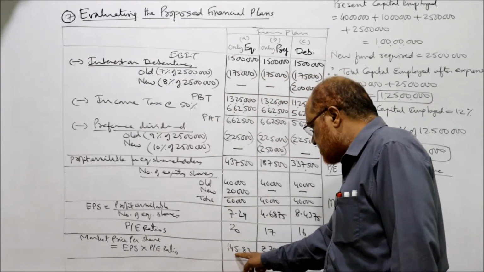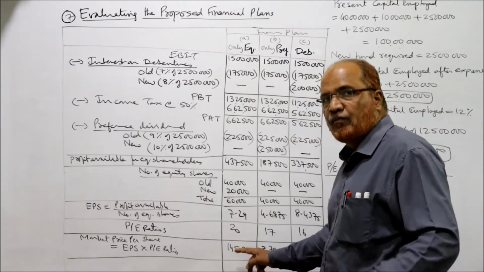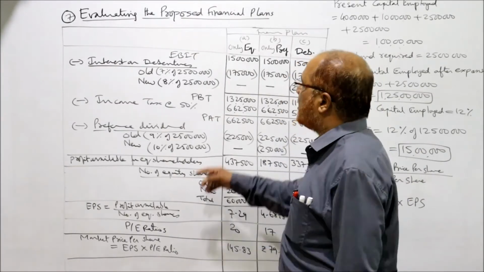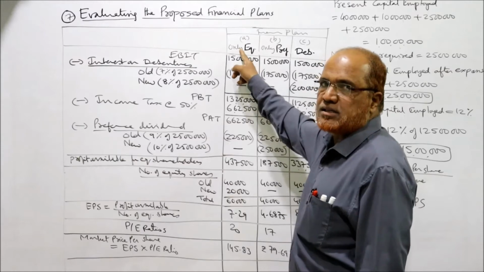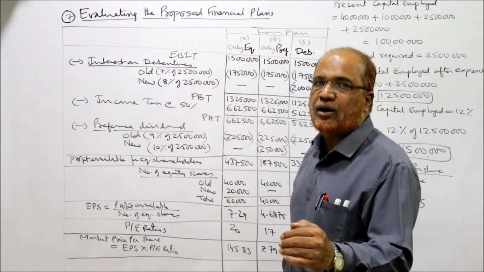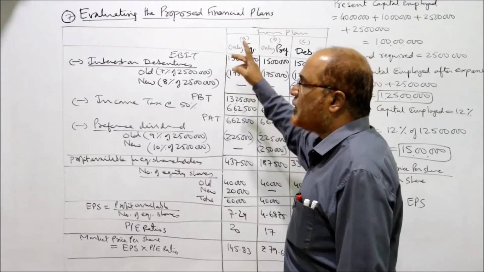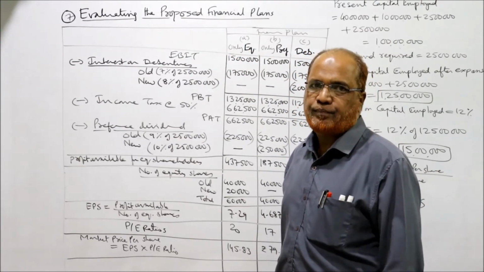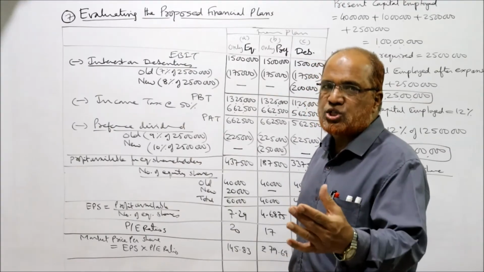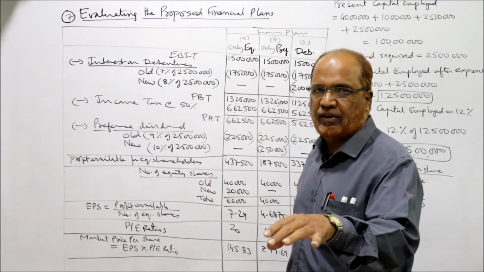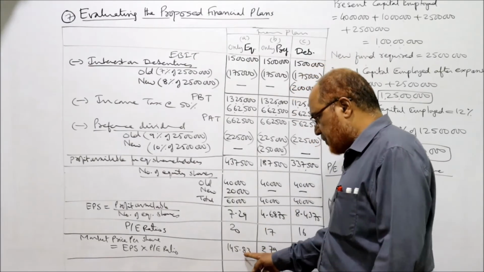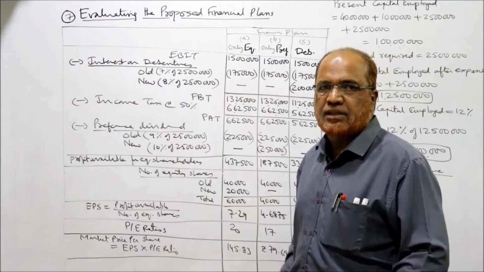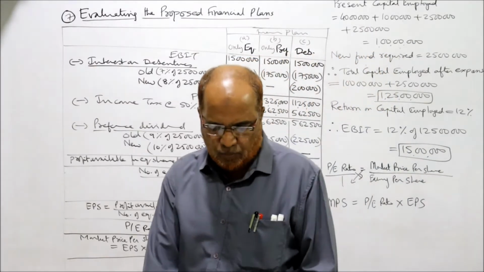The highest market price is 145.83. So we suggest to the company, as the conclusion, to adopt financial plan A, that is, raise the entire 25 lakh rupees by issuing 20,000 equity shares at 25 rupees premium. Then our market price per share will be maximum, 145.83. This is the conclusion. That is the new point.